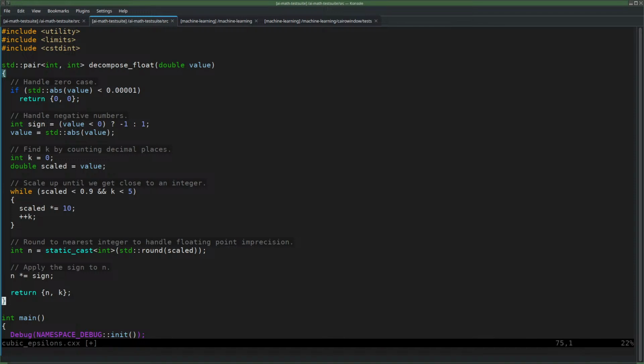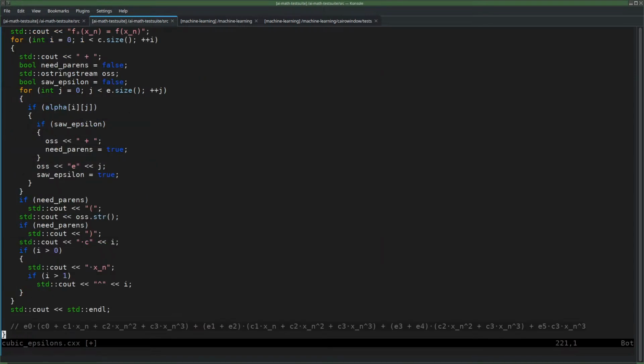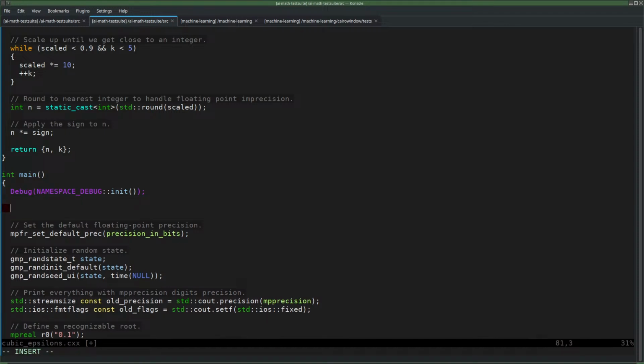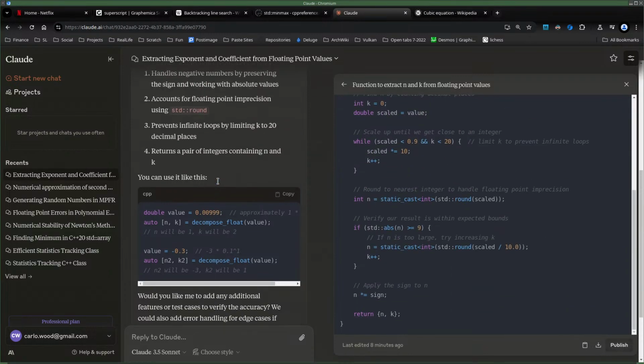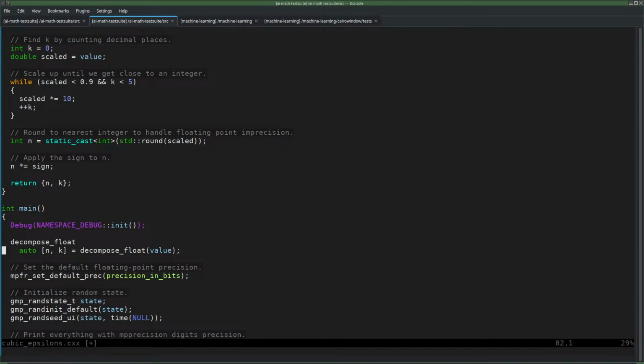I think I'm just gonna print a lot of them. How to do that?